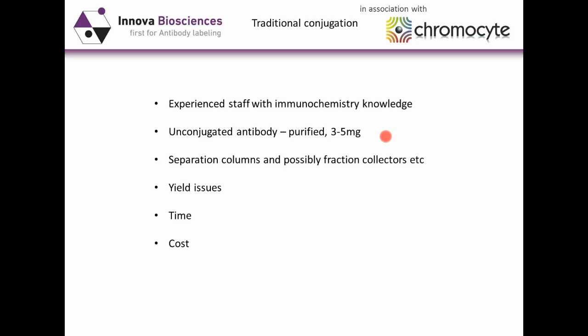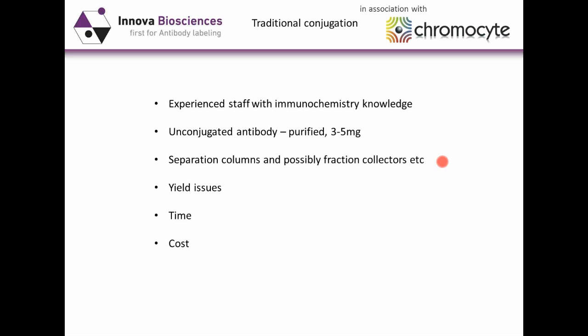Traditional conjugation techniques also invariably rely on having separation columns and potentially fraction collectors, etc. The separation columns are there to remove unconjugated antibody from conjugated antibody and also from free dye.